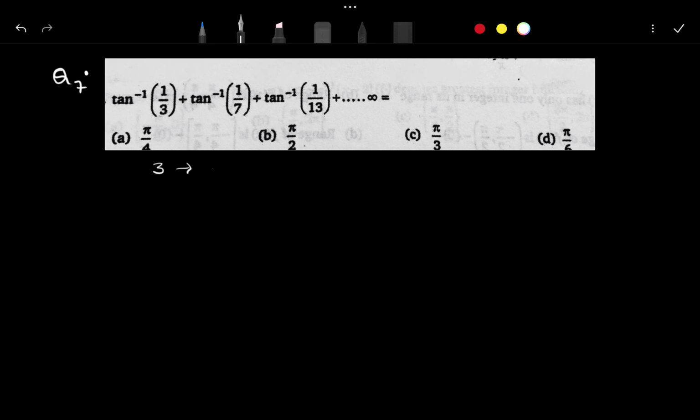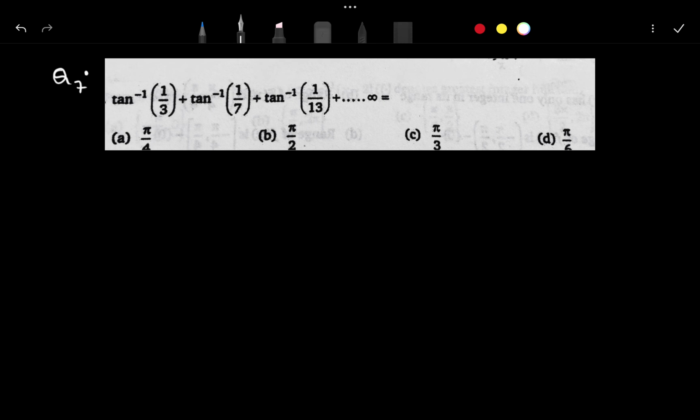So very simple, you see here you can write that 3 as 4 into r square minus 1, 4r square minus 1. Otherwise you can do it directly.